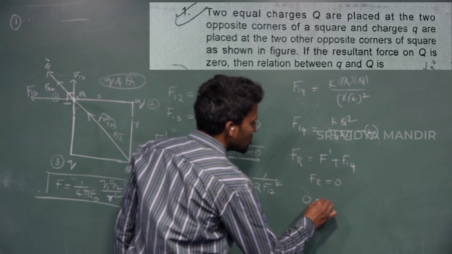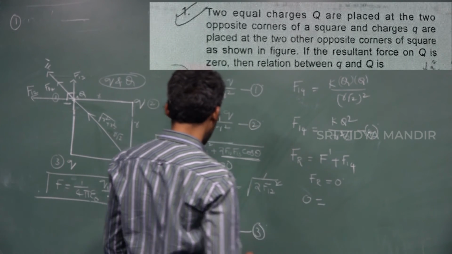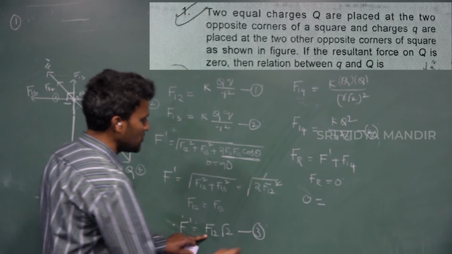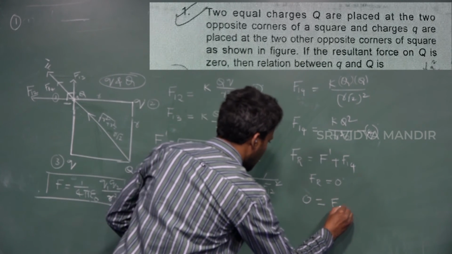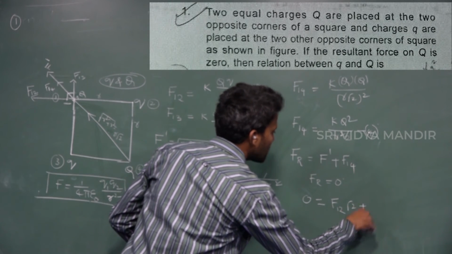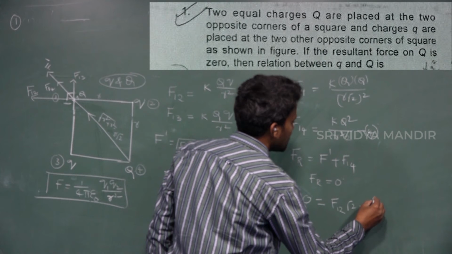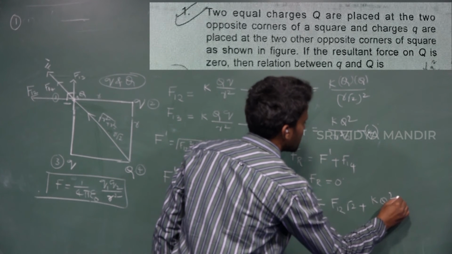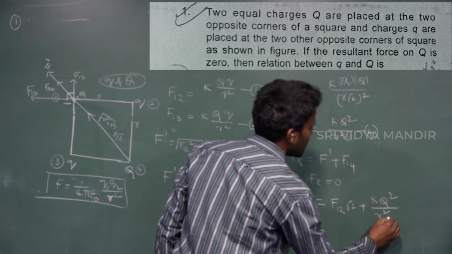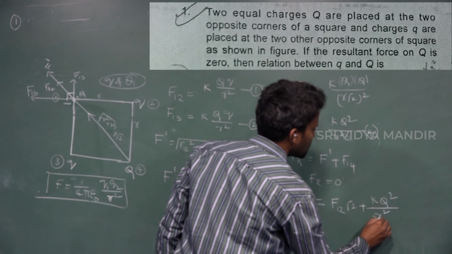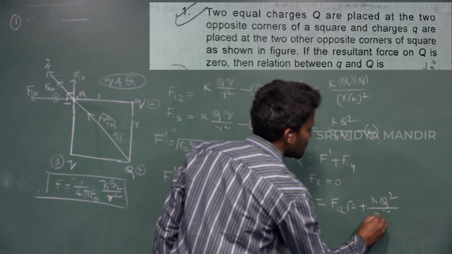So 0 is equal to F dash plus F14, where F dash is equal to F12 root 2. F14 is K Q square divided by r square into 2, that is 2 r square.